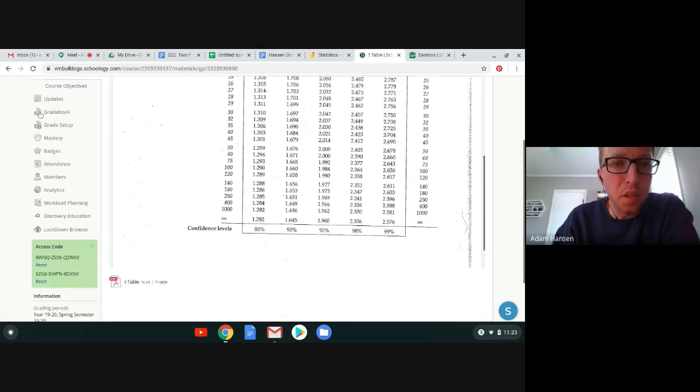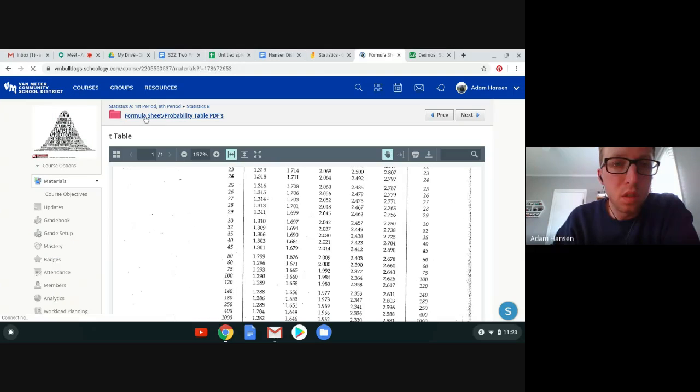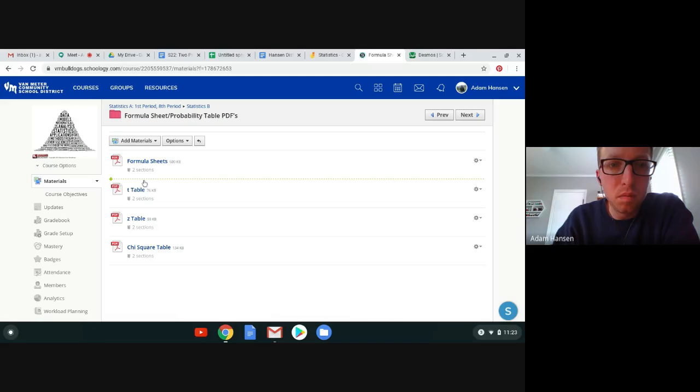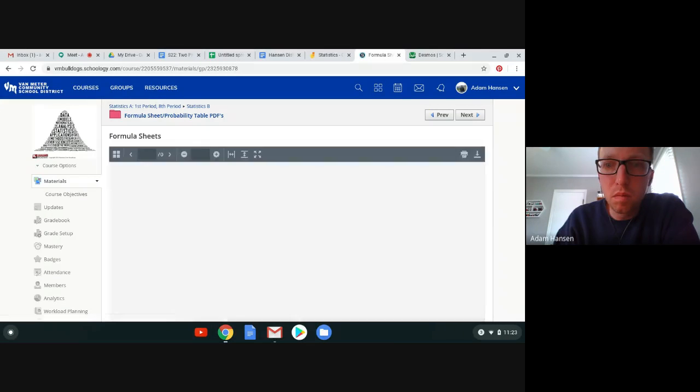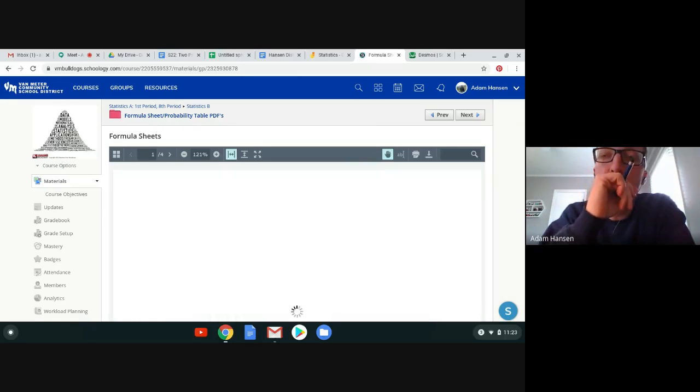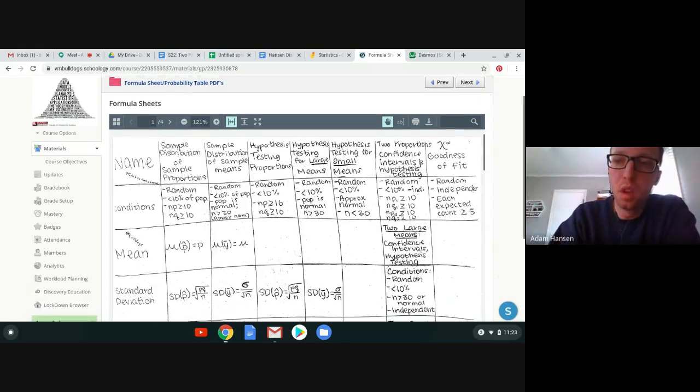All right, so let's check some conditions here. For two proportions, hypothesis testing and confidence intervals, we're looking at these conditions here in the second row, second column from the right on your formula sheet.